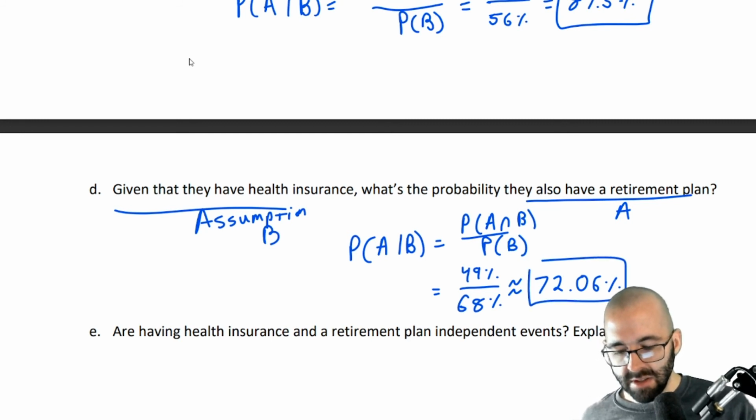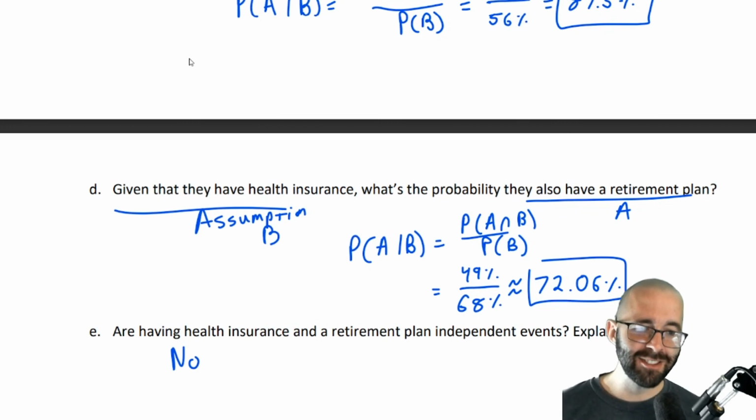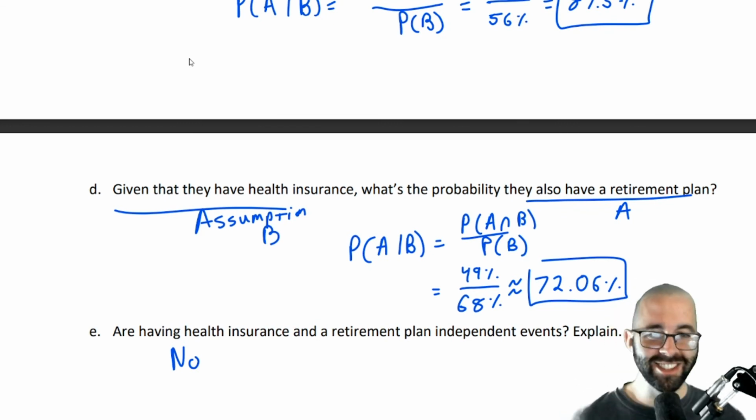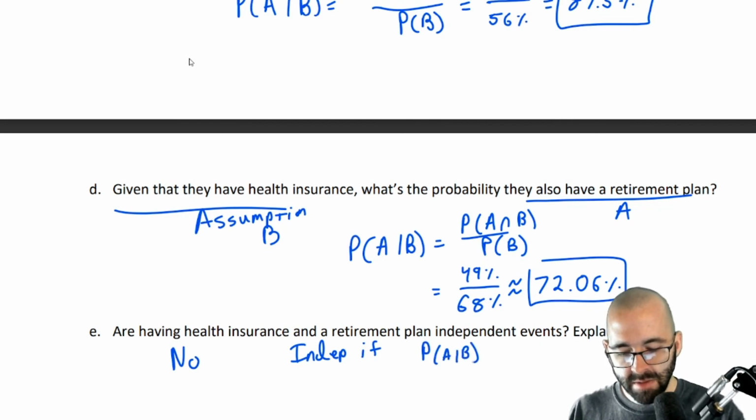Are having health insurance and a retirement plan independent events? Well, I'm going to say no. I'm doing the worst thing possible, giving my answer before finding out whether it's correct. Let's look. It's independent if the probability of A given B is the same as the probability of A. Well, in the above example, we found that the probability of A given B was 72.06%.